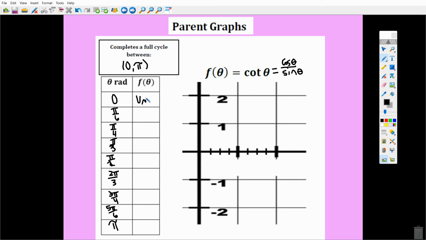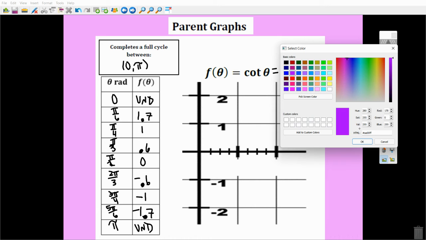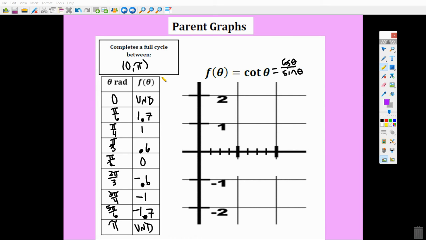So this was undefined. This was 1.7. This was 1. This was 0.6. This was 0. This was negative 0.6. This was negative 1. This was negative 1.7. And then we're back to undefined. So like the previous one, I like purple, so I'm going to keep the consistency with the color purple for the undefined.